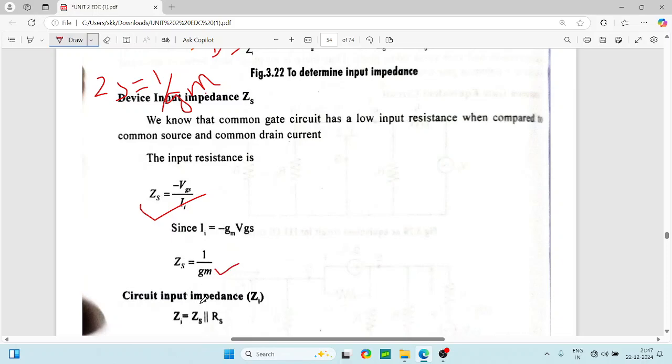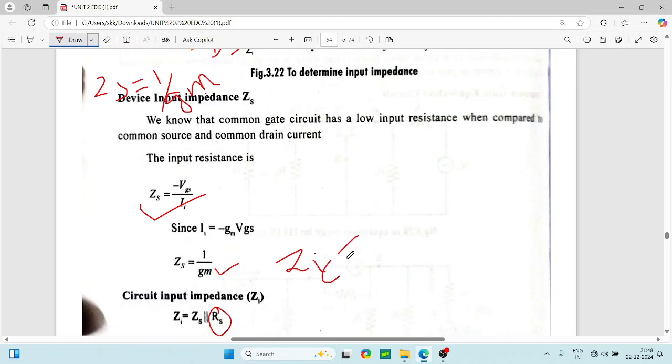I always told you, circuit impedance means you just add any of the resistances that are there, like R1, R2, whatever resistance is there. That is your circuit resistance. Anyway, we call it ZIC.